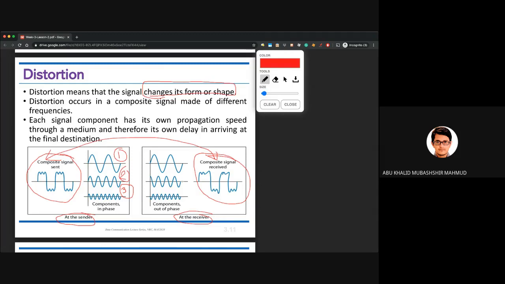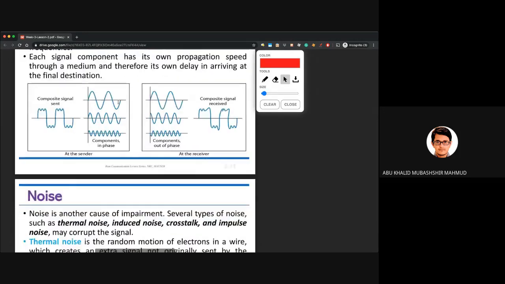And when we segment the composite signal, we get these components, which are different from the original components in the phase. So this type of transmission impairment, we term it as distortion.